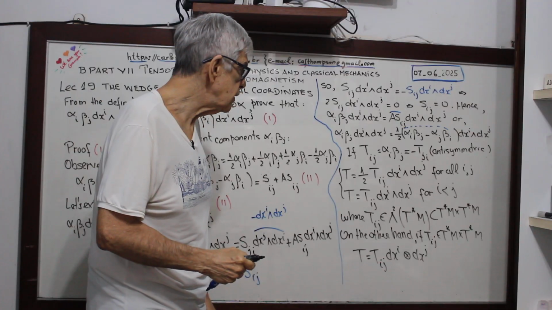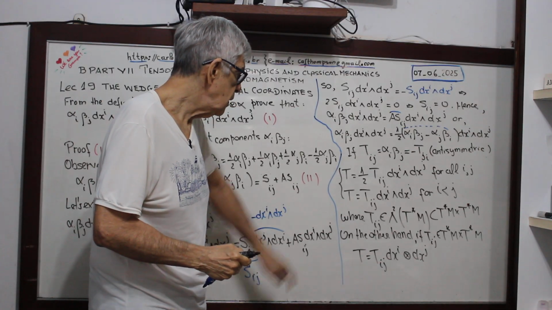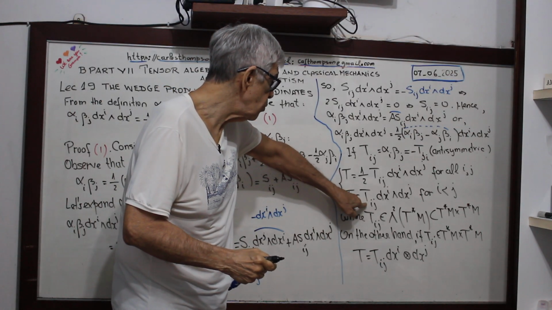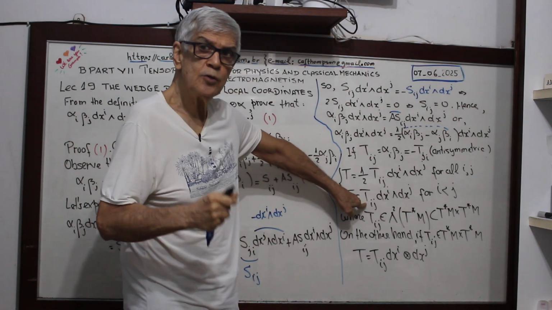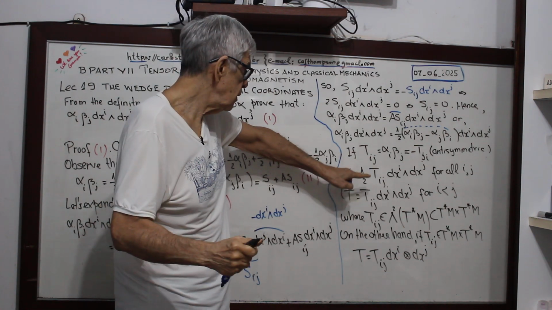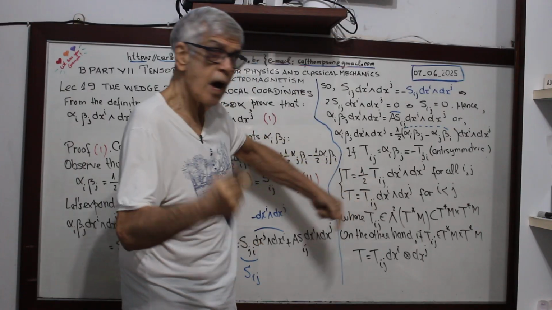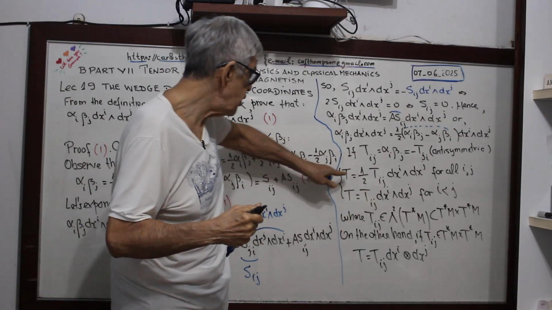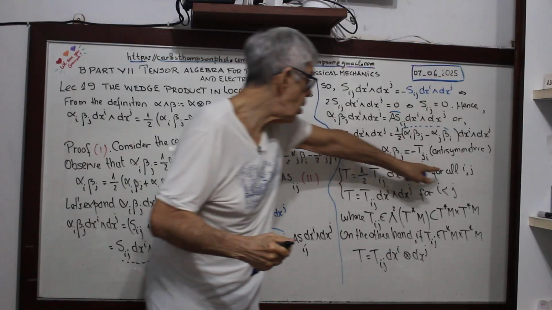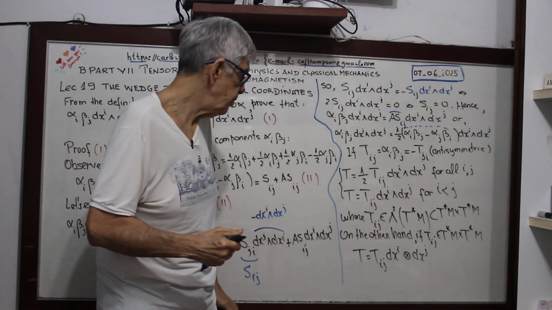That's why, for i less than j, I set this without the 1/2. You see both ways in the literature. I personally prefer this one, for all i and j.